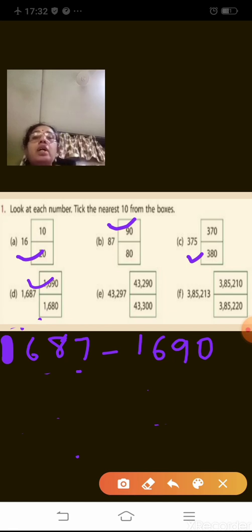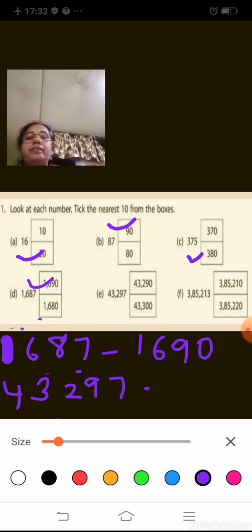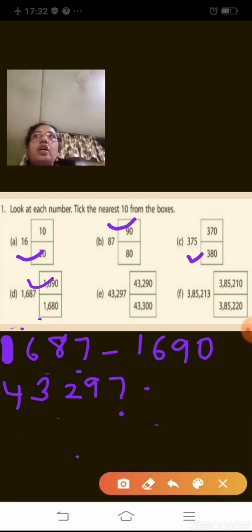Now coming to the next sum, 43,297. Now when you are rounding off, here the number in the ones place is 7. So you are adding 1 to the number 9. Now when you are adding 1 to this 9, it will become 10.